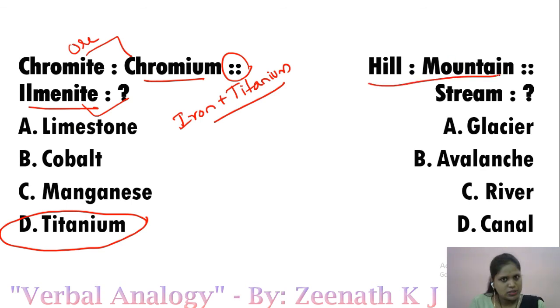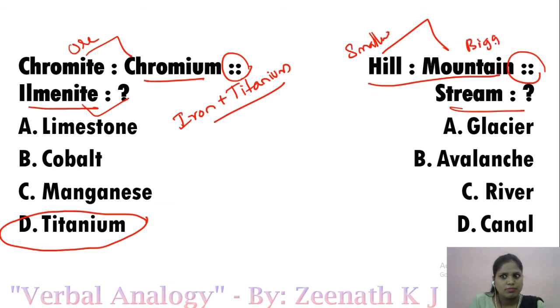Hill is to mountain as stream is to what? Hill is the smaller version of mountain, which is the bigger version. In fact, it's a huge version, right? Likewise, stream is the smaller version of a bigger version, what? I think it's very easy to answer this question.